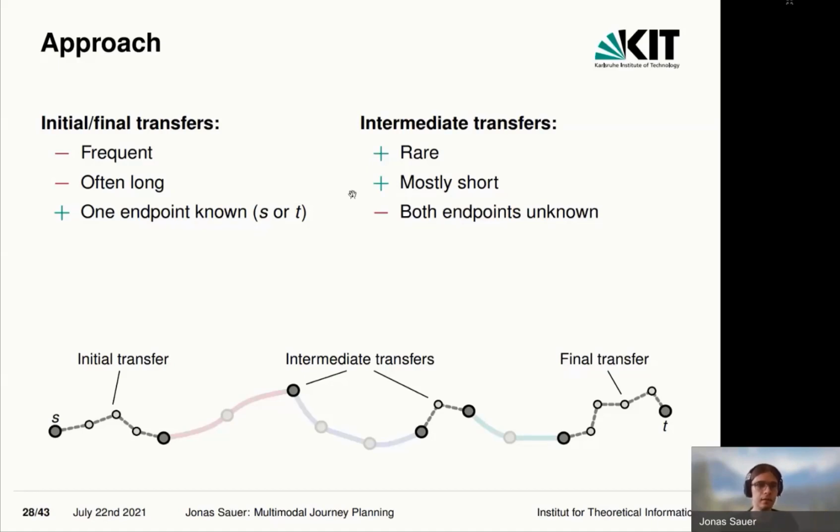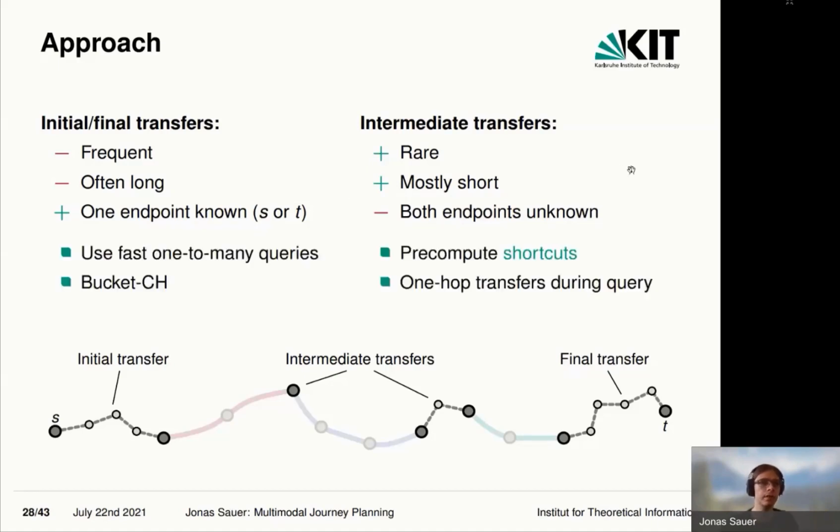And this is a difference we can exploit algorithmically, because there are techniques on road networks for answering so-called one-to-many queries, where we have one fixed endpoint and a larger set of possible destination points. One of the techniques, which is quite fast, is called bucket CH.